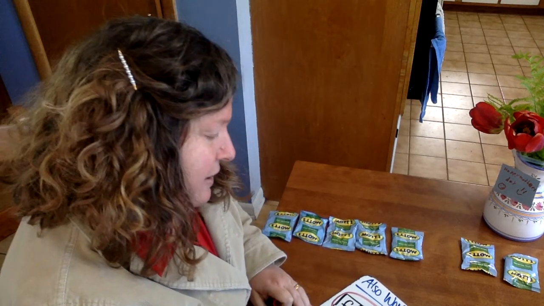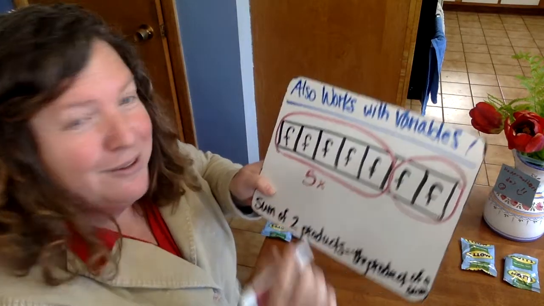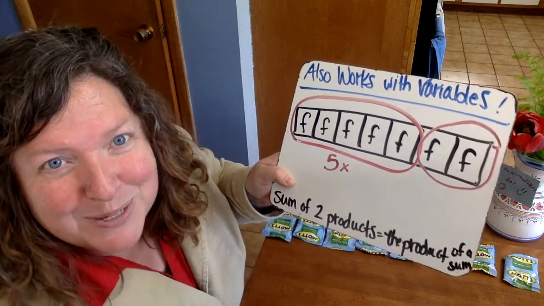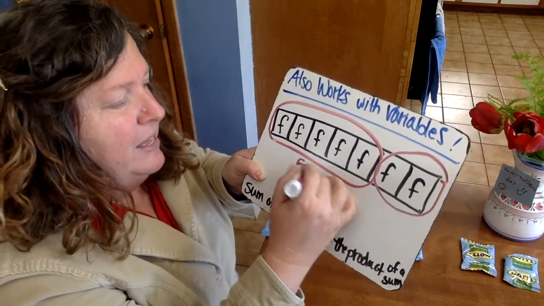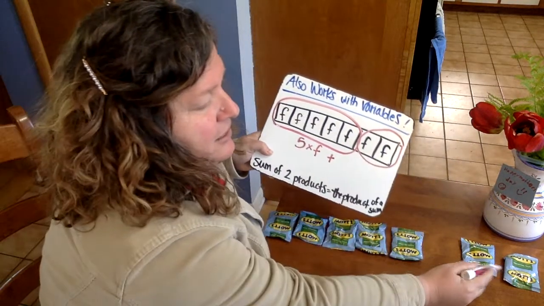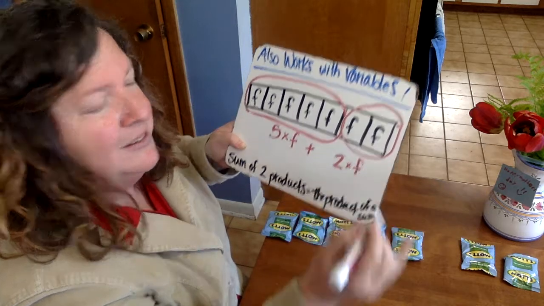So this could be 5 groups of F. How are we going to write 5 groups of F? Hopefully you're thinking groups of is multiplication. Times means groups of. 5 groups of F. But we're going to add 2 more groups of F.